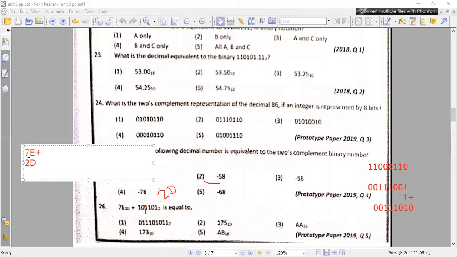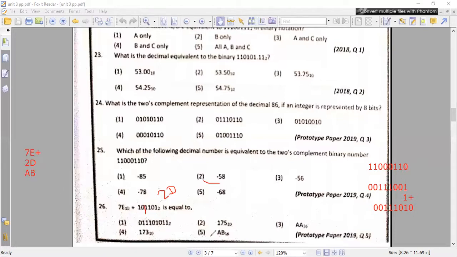So you are getting the remaining value as B. Then 1 is going in front. Then 7 plus 2 plus 1, you get 10. So your answer will be AB in base 16. So this is the answer.